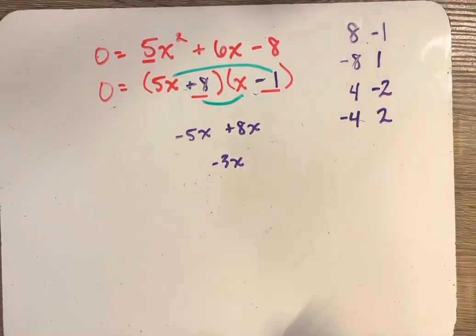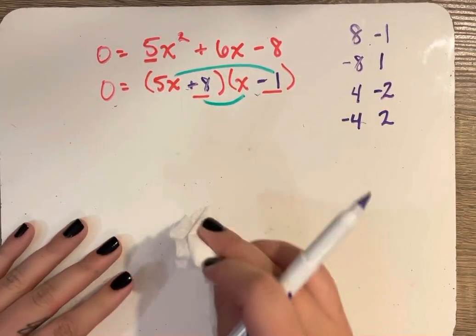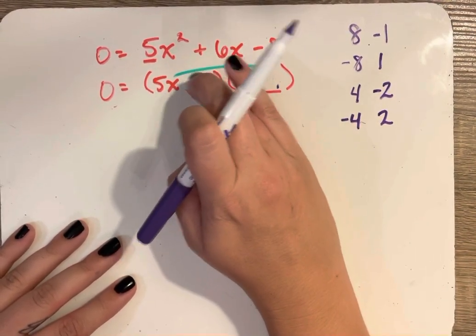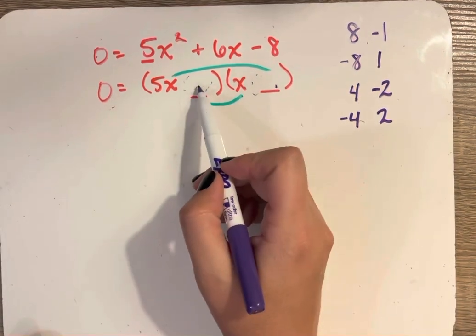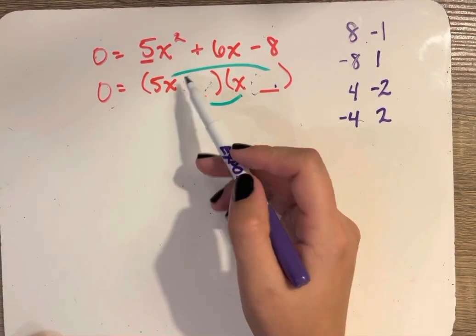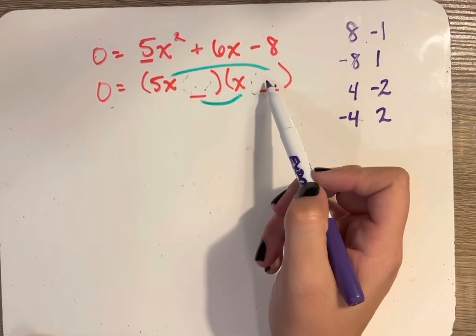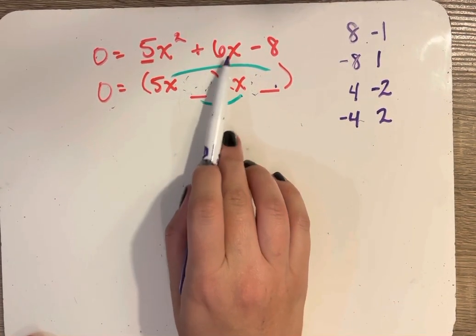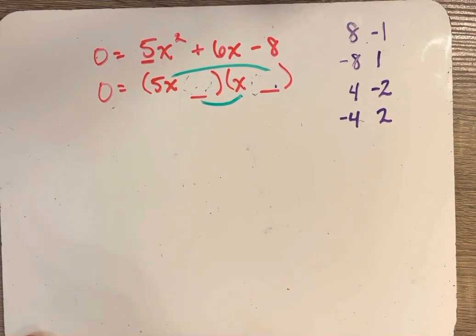It is not plus 6x. So let's try something else. I could switch 8 and 1 and try putting 1 here and 8 here, but then I'm going to have 5 times 8, which is going to be 40x, which is really big, which seems like it's not really going to work out to give us a 6x when I combine those terms.